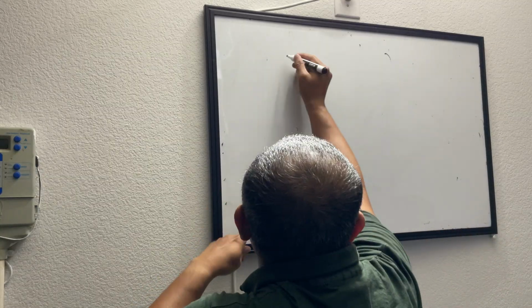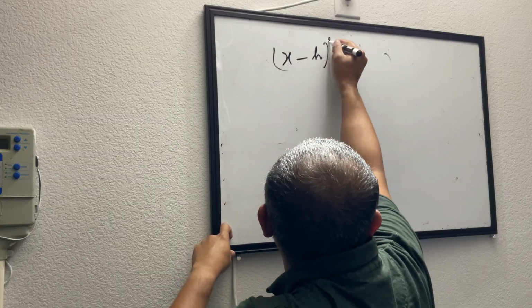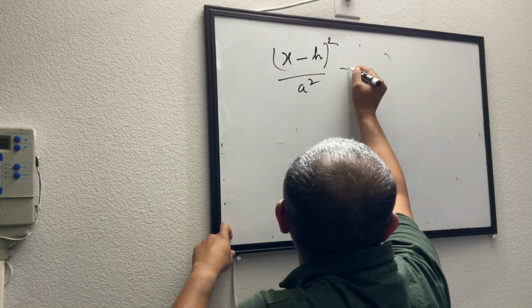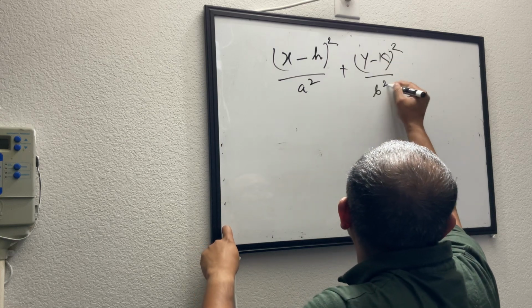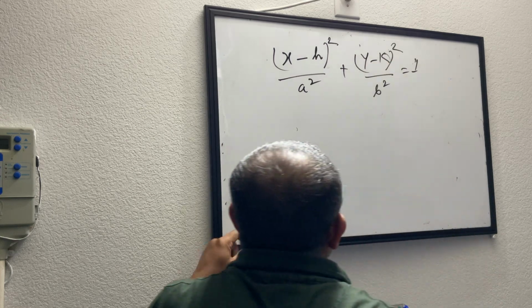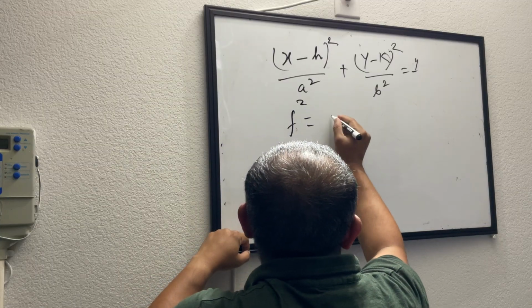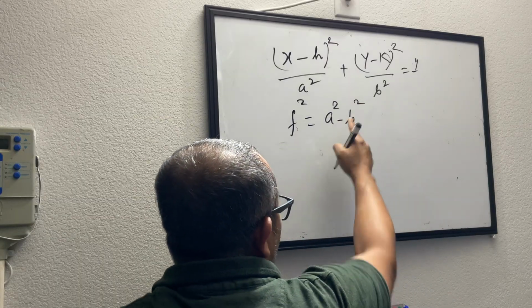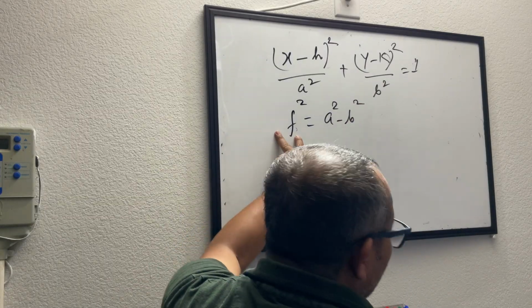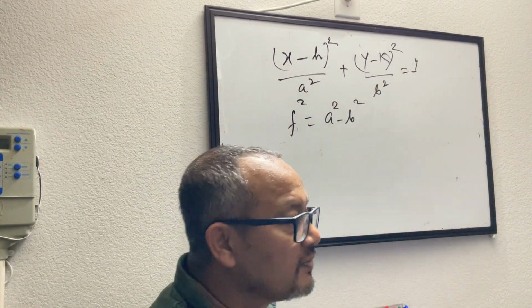One is, my ellipse's standard formula is x minus h square by a square plus y minus k square by b square equal to 1. This is my standard formula. With respect to foci, we saw that f square equals a square minus b square, where a is my major radius, b is my minor radius, and this f is nothing but the focal length, meaning the distance between the origin and one of the foci.